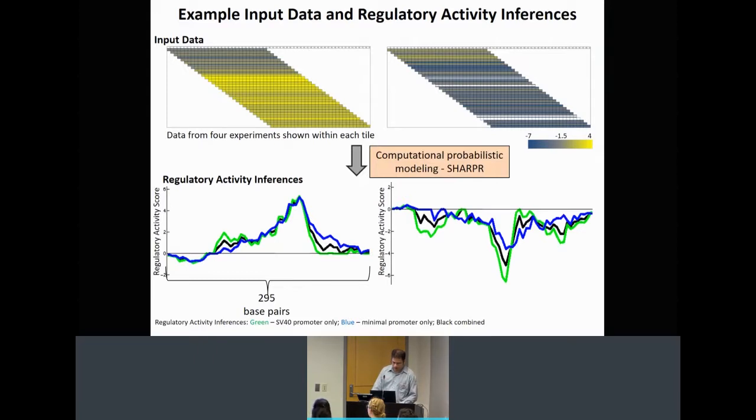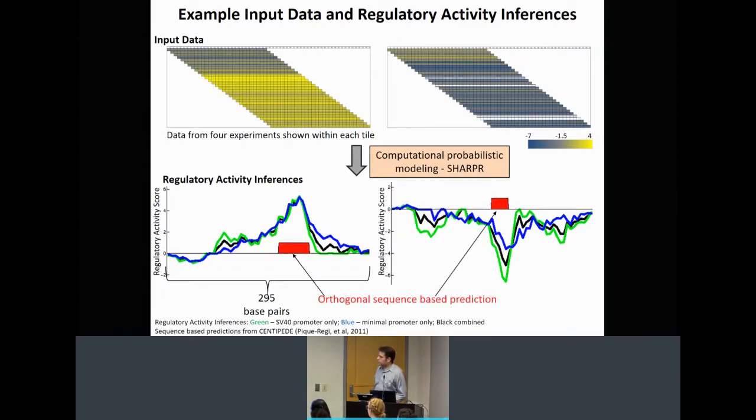Blue and green are based on using two different types of promoters. You can think of them as sort of stringent replicates. And then black is the overall combined inference. So the method is effectively predicting that there's an activating site right here and a repressive site at this position.